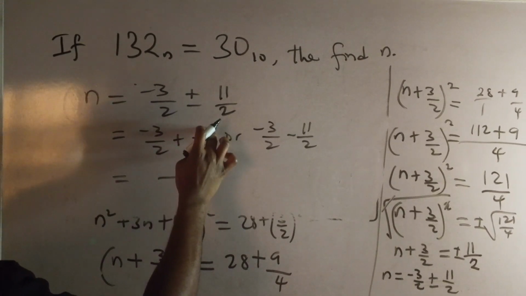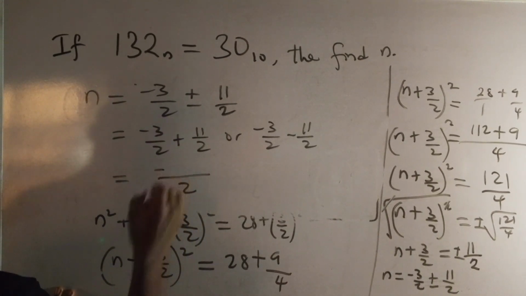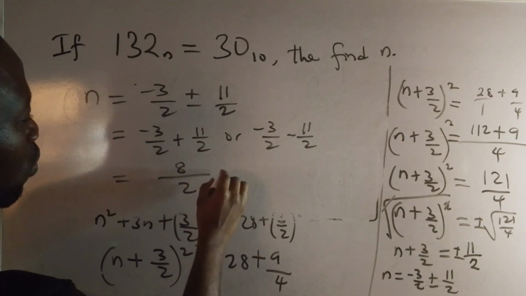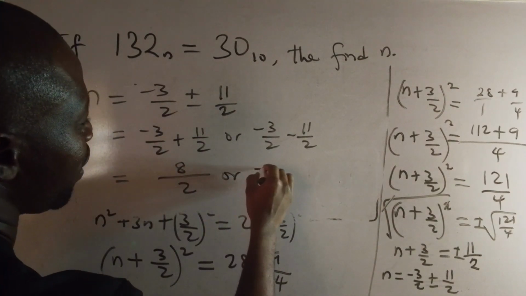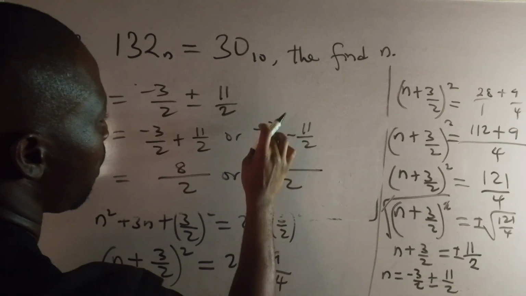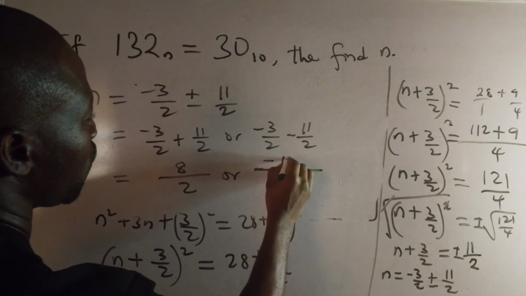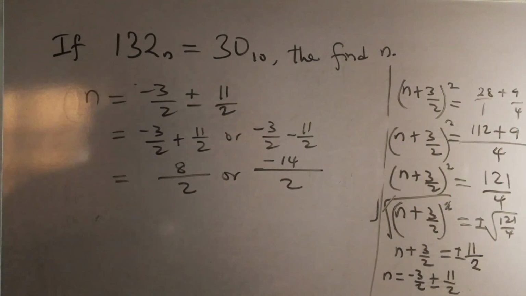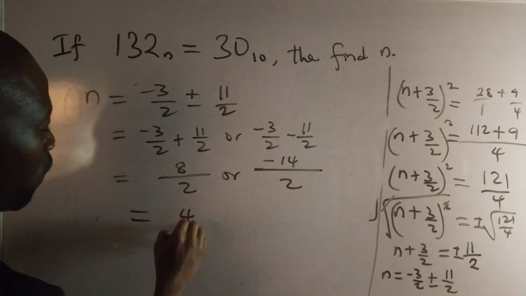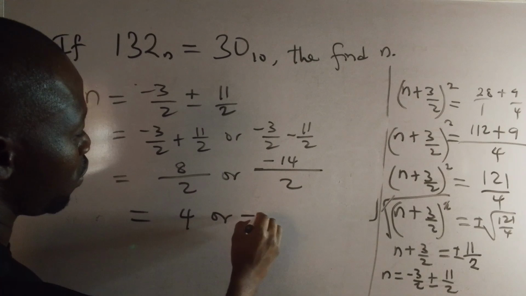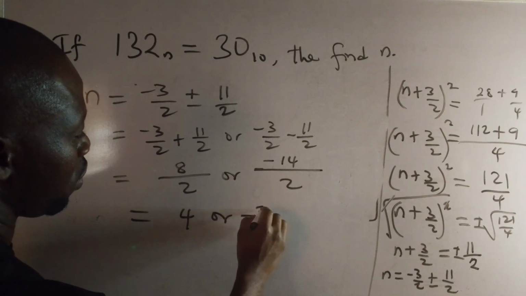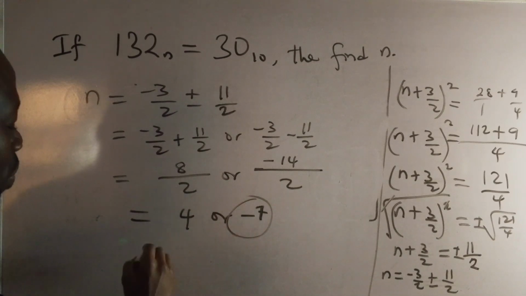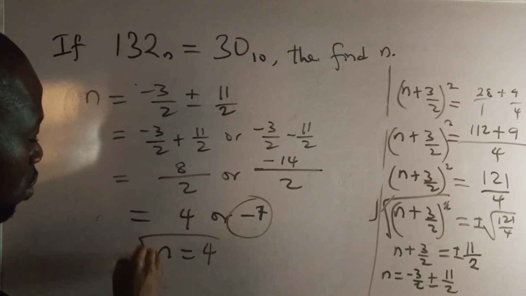Minus 3 plus 11 is 8 over 2, or minus 3, take your LCM, minus 3 minus 11 is minus 14 over 2. 8 over 2 is 4, or minus 14 over 2 is minus 7. So because our n cannot be negative, then it means n is equals to 4.